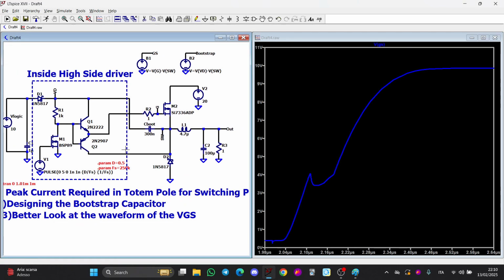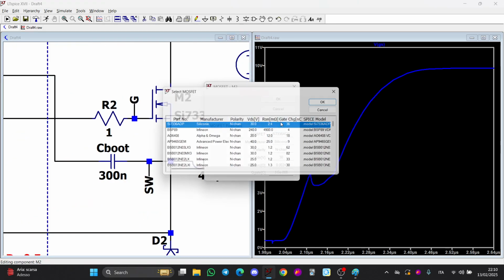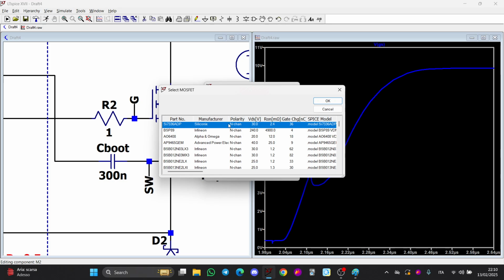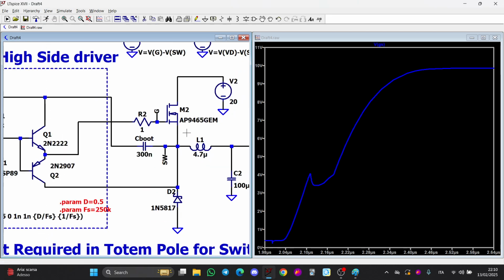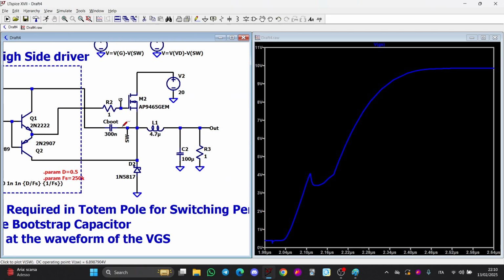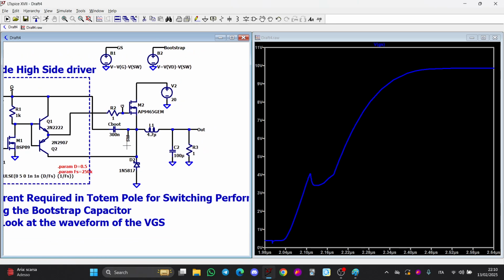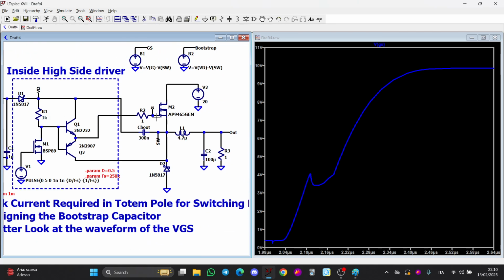So you can use this as a benchmark also to test different kinds of curves based on the gate charge that you want. For instance, if I put this, I will expect a completely different gate charge. I could put different MOSFETs and see the VGS of the different MOSFETs very easily.